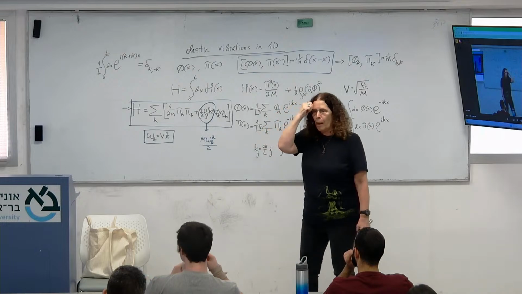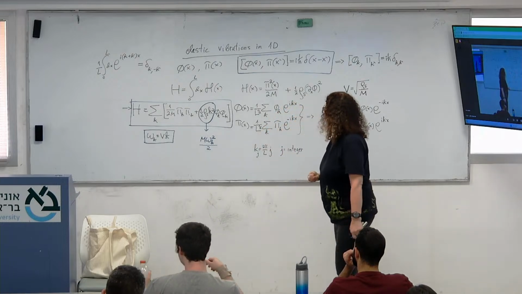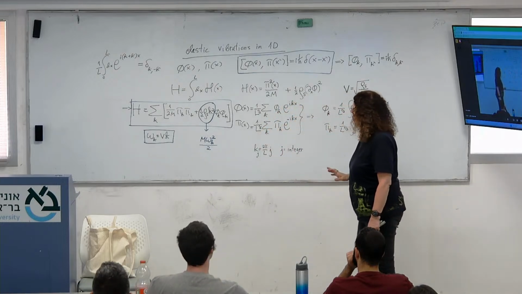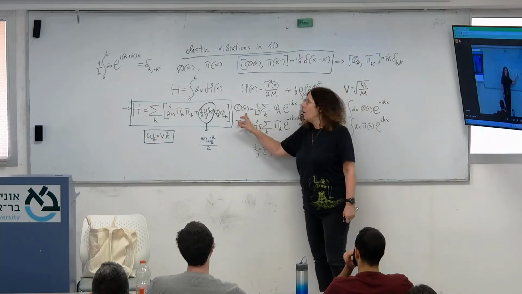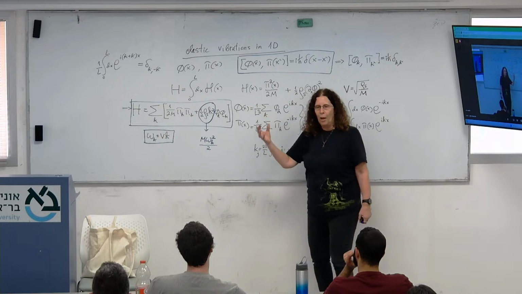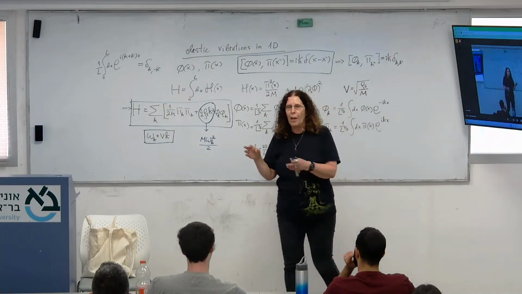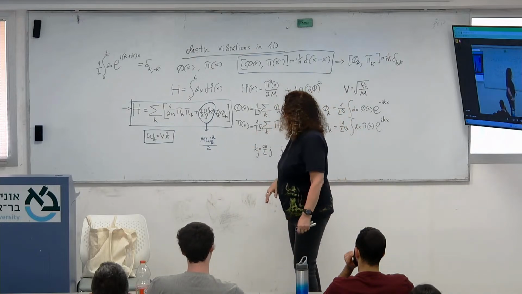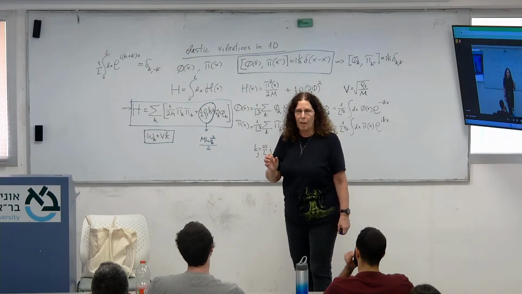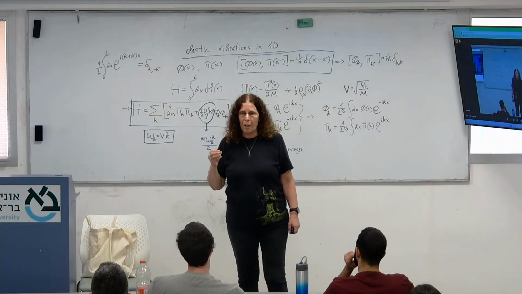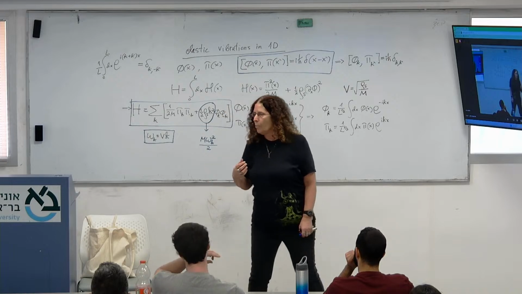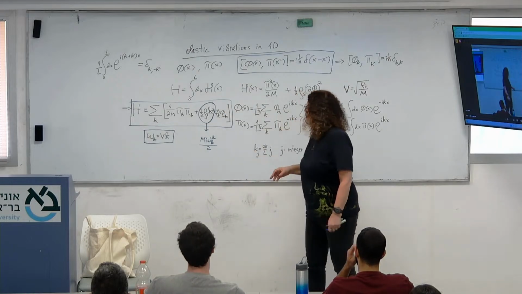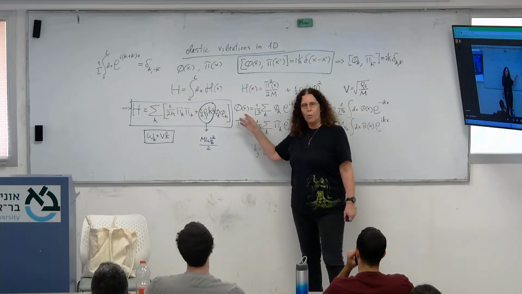Now it must be like that because of the following thing. Remember, phi and pi of x are nothing but the continuum limit of the original phi n and p n, which are coordinate and momenta. These are physical quantities, and the quantum operators of them are Hermitian, right?